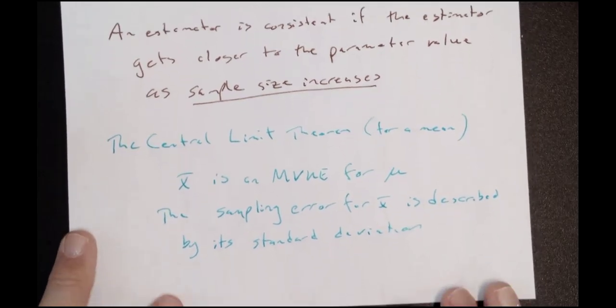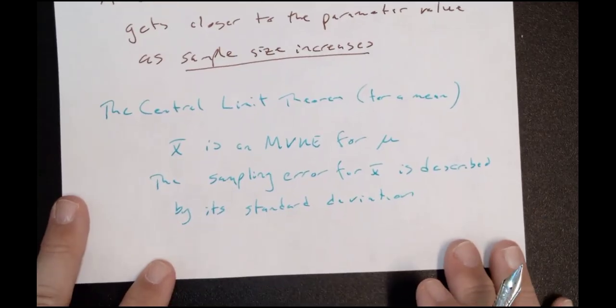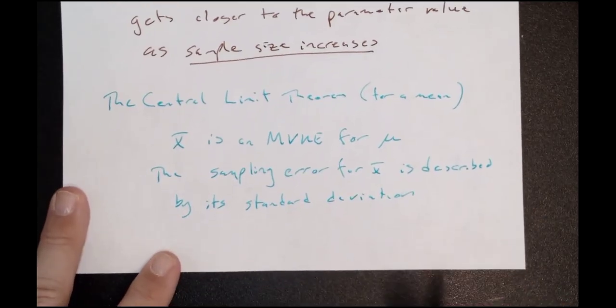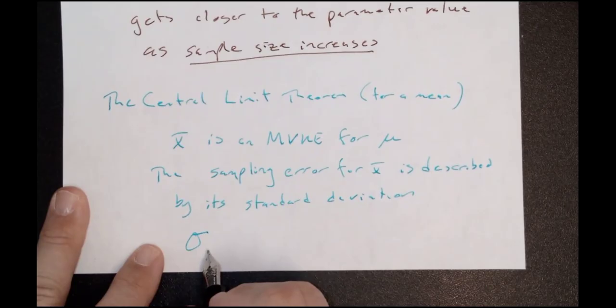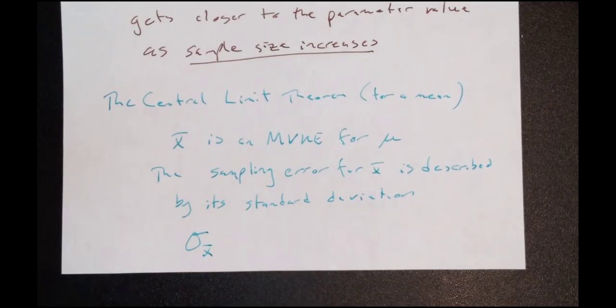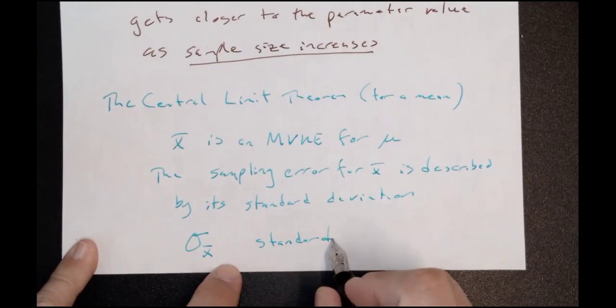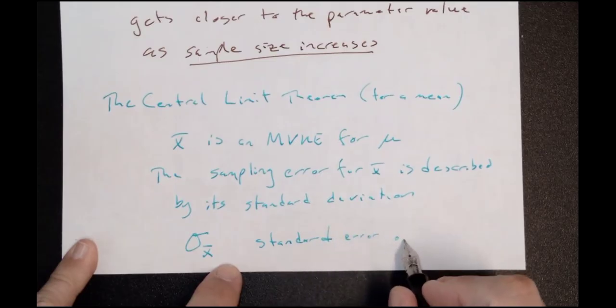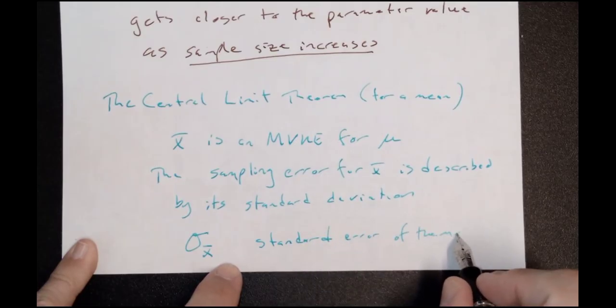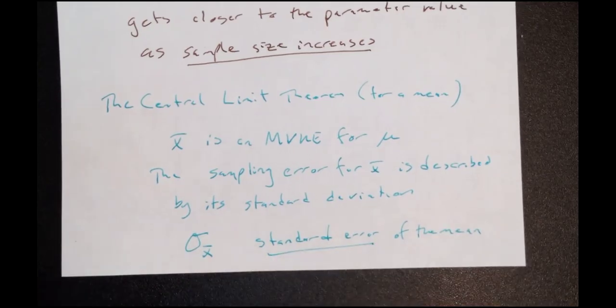But since this is the standard deviation associated with X bar, I'm going to write sigma sub X bar. And we're going to call this the standard error of the mean, because it's a sampling error.